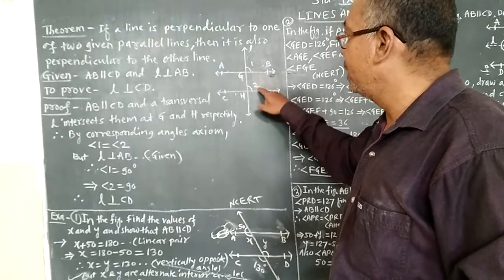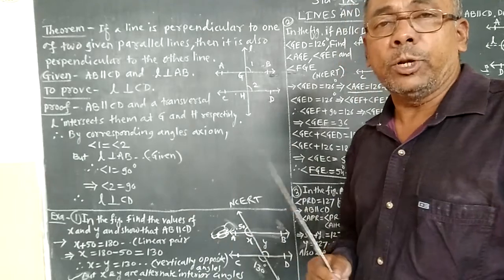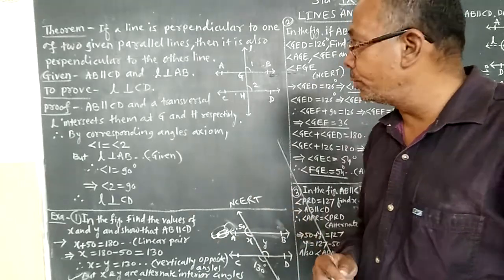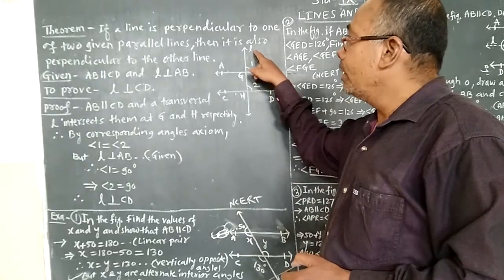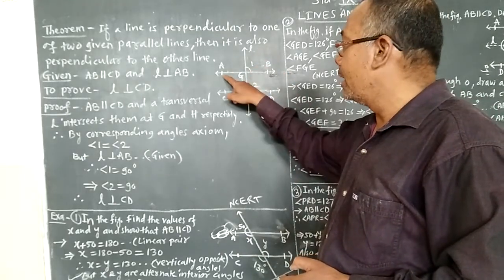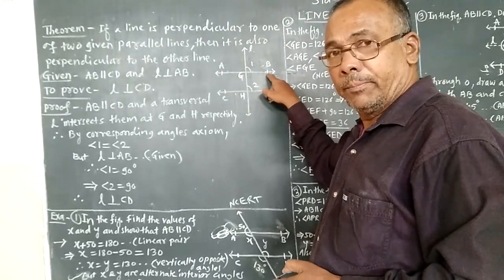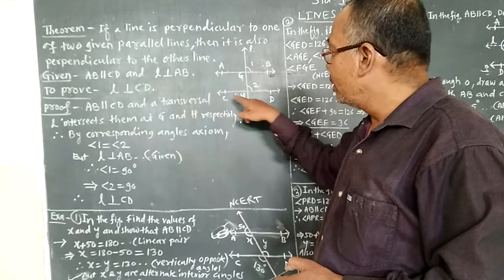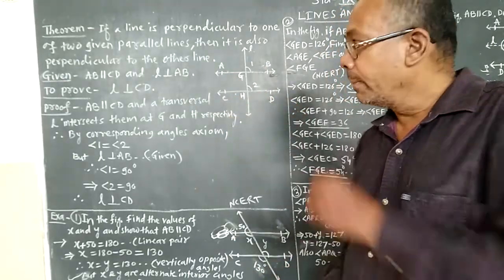Here angle 1 and angle 2 are corresponding angles, and with the help of the corresponding angles axiom, we have to prove that if a transversal is perpendicular to one line, then it is also perpendicular to the second line if the two lines are parallel.